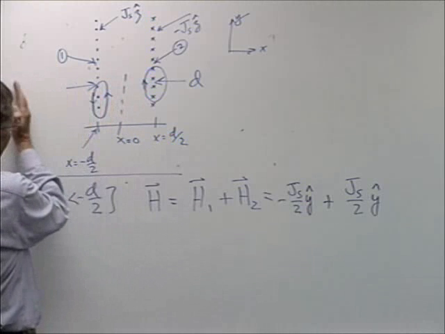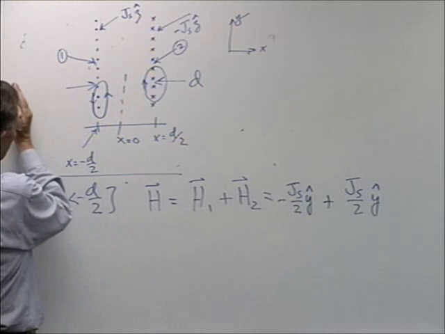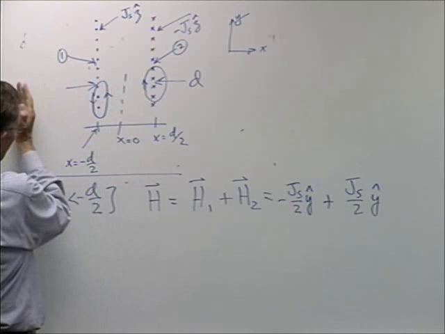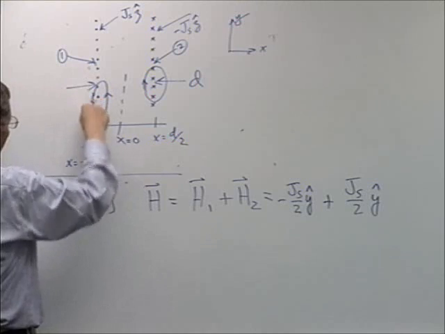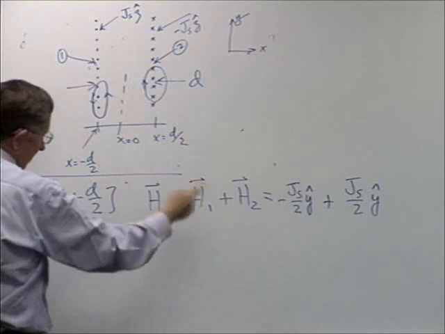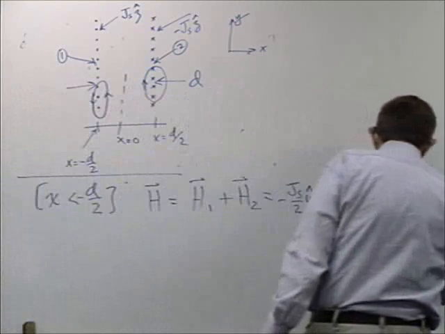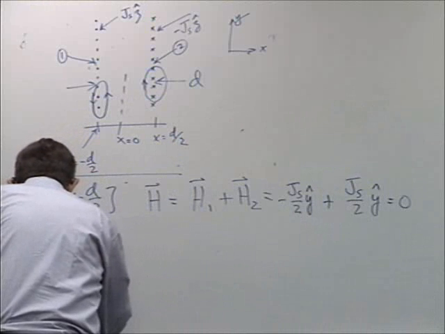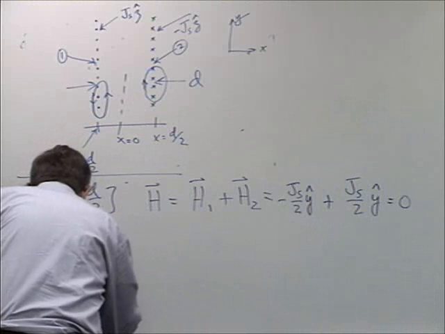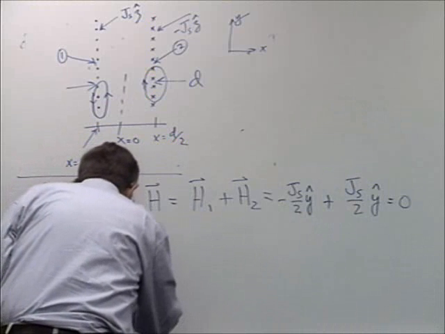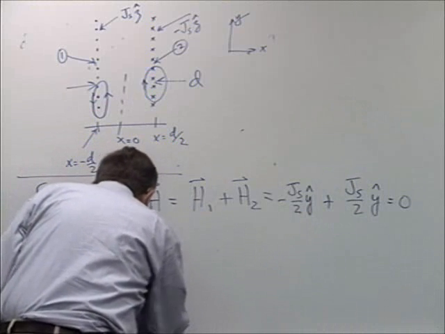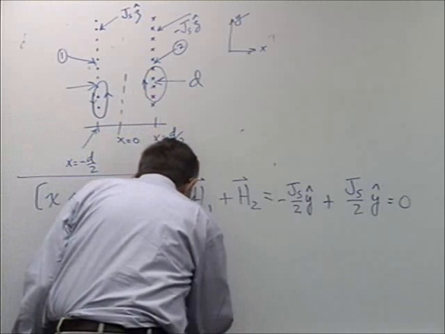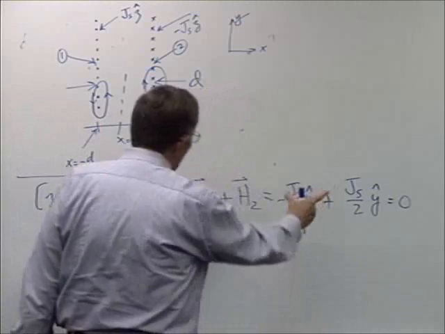So to the left of both sheets, I've got JS over 2 as an amplitude. It's going down from that sheet, up from that sheet, so it adds to 0. In between, from minus d over 2 to d over 2, H is going to be the sum of these two.